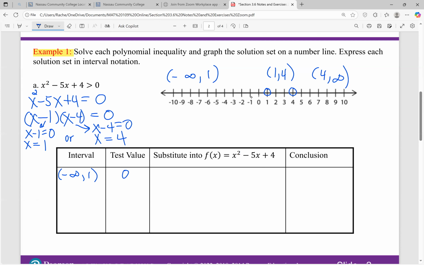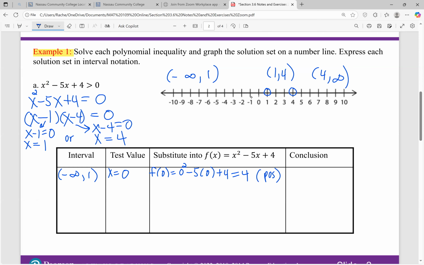So when I substitute x equals 0 into my polynomial function, I'm going to get f of 0 equals 0 squared minus 5 times 0 plus 4. And that's 4, right? Which is positive. 4 is a positive number.